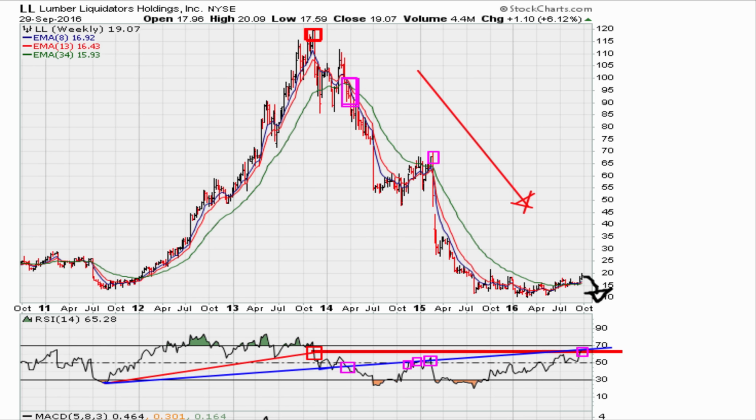Of course we shall see, and of course we know that given the two lines, the only way the stock can see much higher prices below the $20 range is by moving above those two lines.